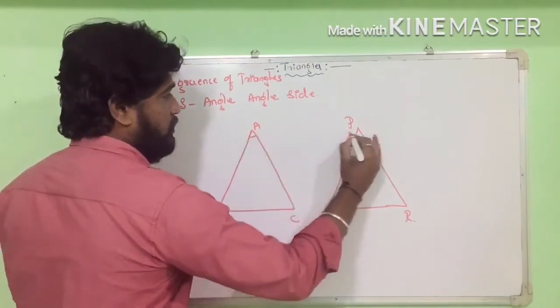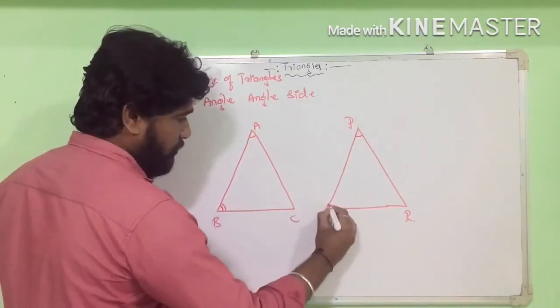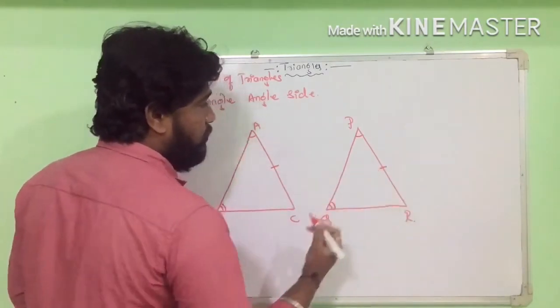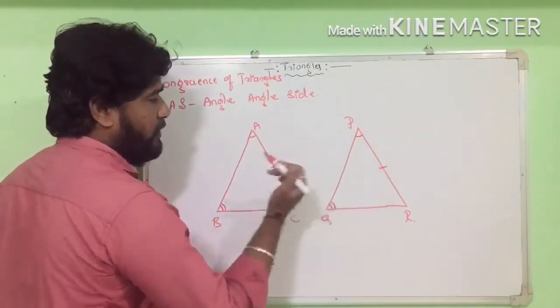So here angle A is equal to angle P, angle B is equal to angle Q, and AC is equal to PR. Two angles and one side.